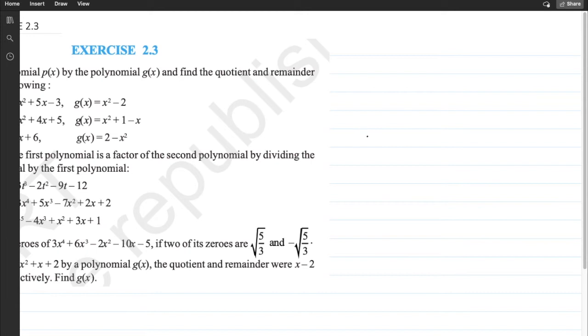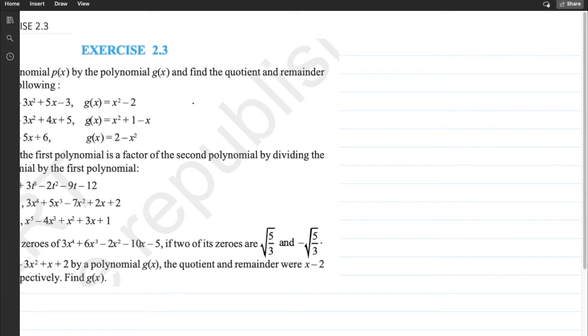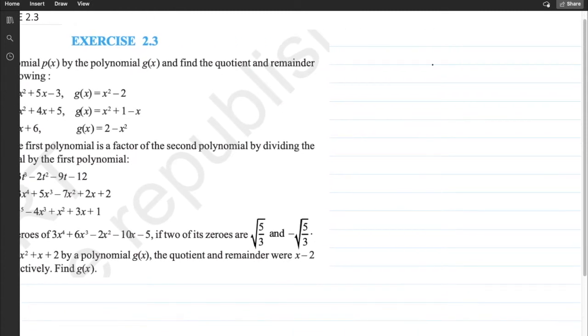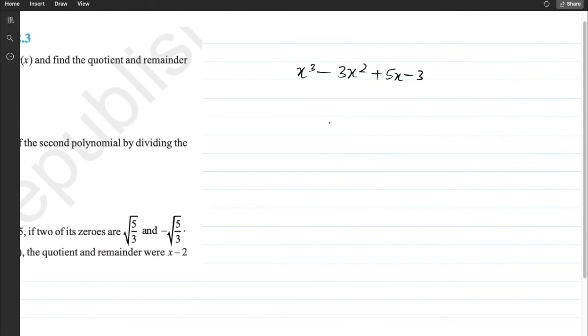The method of doing this question is that you write the p(x), the equation x cube minus 3x square plus 5x minus 3, inside the division brackets, and outside you keep x square minus 2.